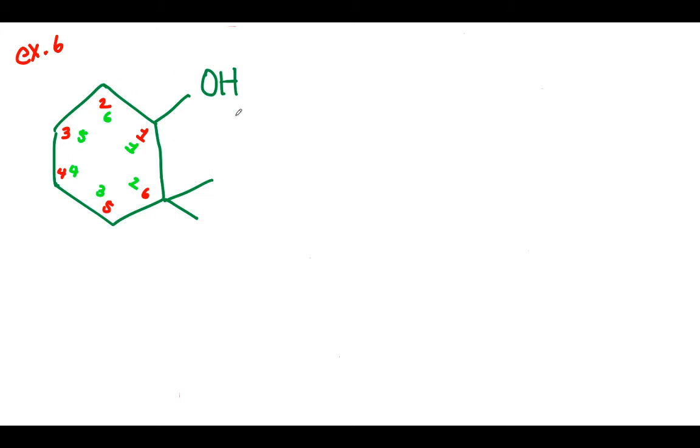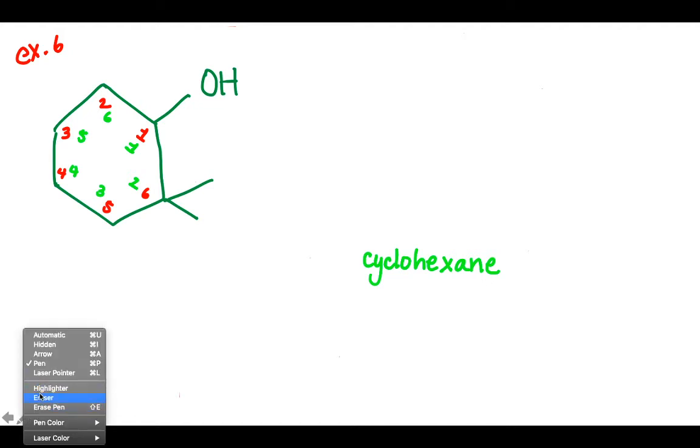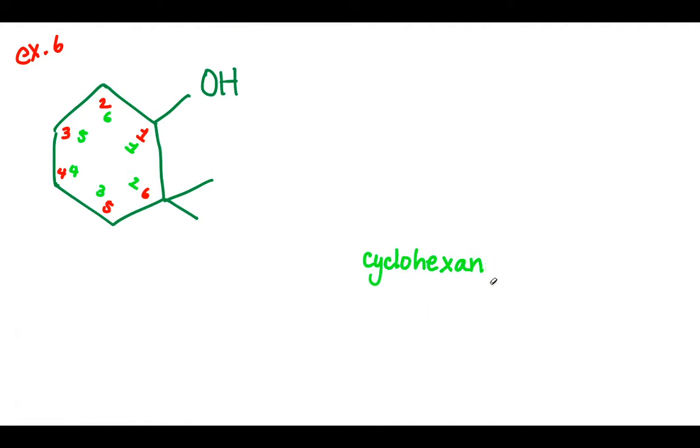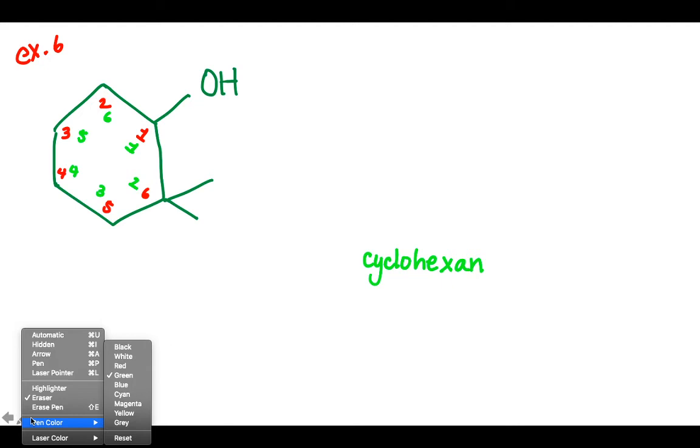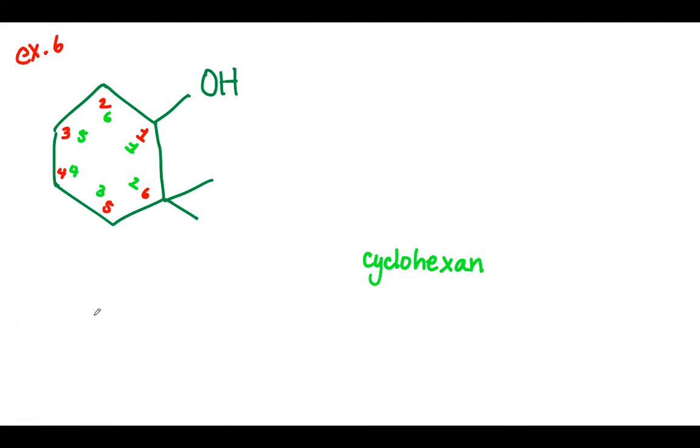So our parent name would be cyclohexane, right? Our alkane is cyclohexane because there are 6 carbons in a cyclic structure here. And then I'm going to get rid of the E here, and I want to write cyclohexanol.